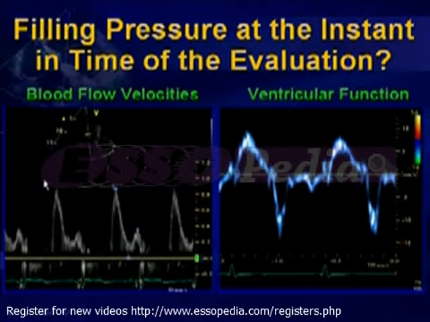And so if the question is not what is the cumulative effect of LV filling pressure over time, but what are in fact the filling pressures at the instant in time of our evaluation, this involves integration of key measurement number 2, looking at blood flow velocities, with key measurement number 3, looking at ventricular function.